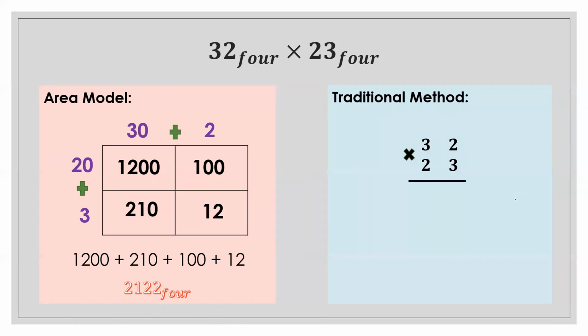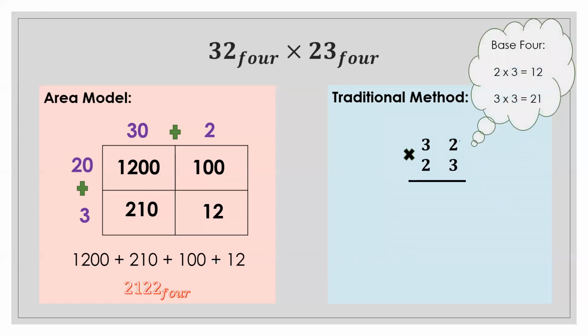Okay, so here we go. So we have 3 times 2, and let's just remind ourselves here in base 4 that 2 times 3 is 1, 2, and 3 times 3 is 2, 1 from the multiplication table. And that's why we needed that multiplication table before we started the problem, okay? So 3 times 2 is 1, 2.